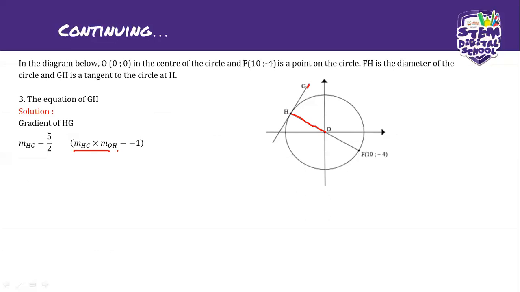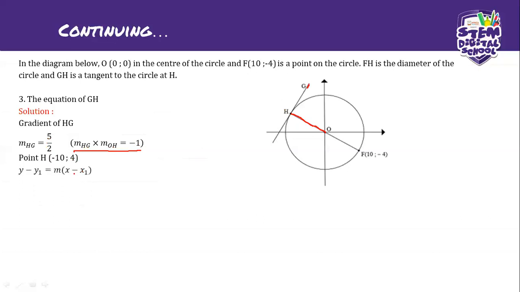So we want the gradient of HG multiplied by the gradient of OH, which we have from the previous example, -2/5, equals -1. When you solve it, we get 5/2. So we now have the gradient of GH. Then the point you are going to use is point H, which is (-10, 4).